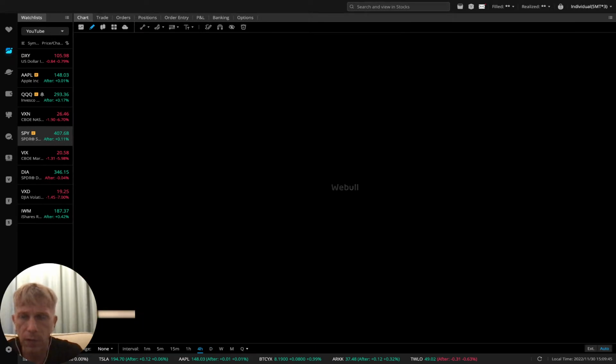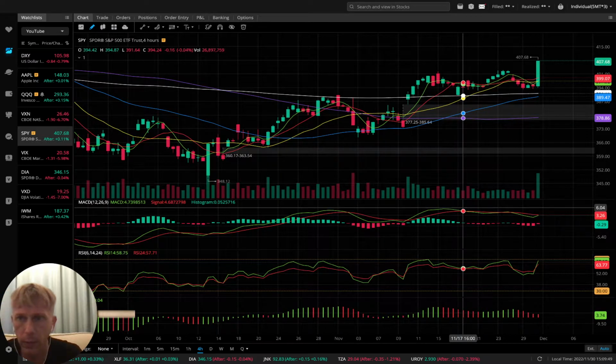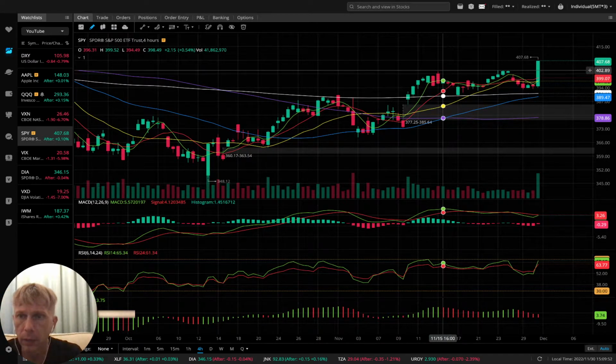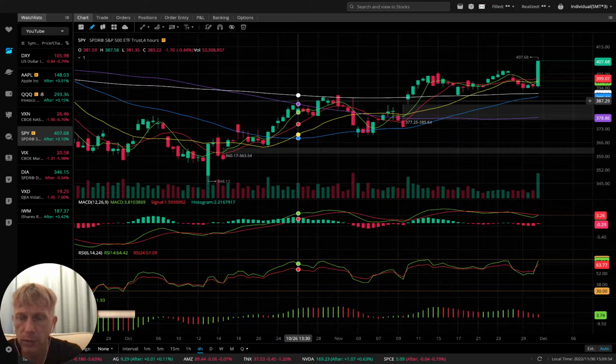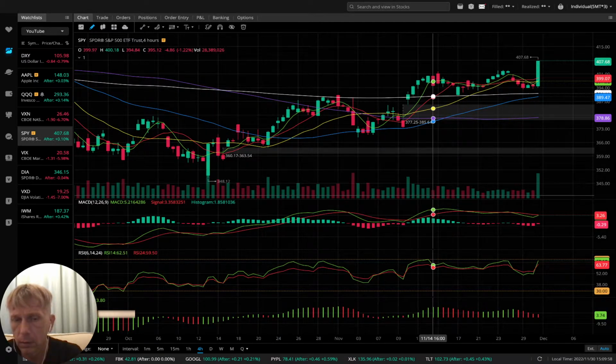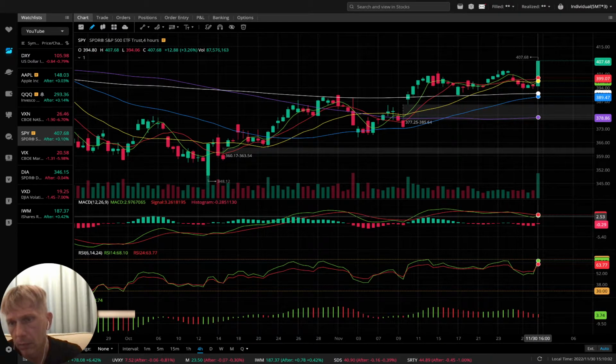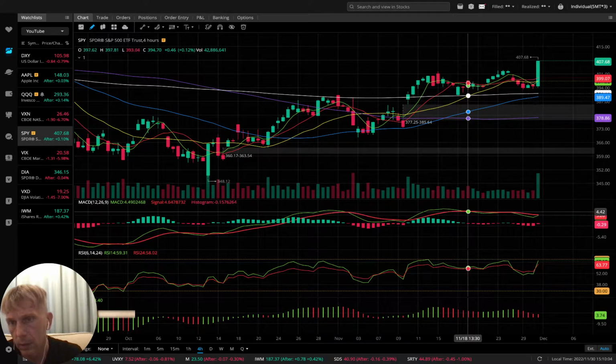4 hours for SPY. Still, yeah, new high, uptrend, right? Uptrend on MACD, but on the MACD line there is still bearish divergence. It's building a bearish divergence. It's not done yet, right?